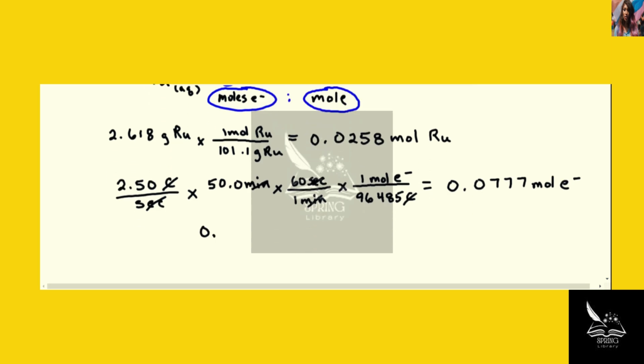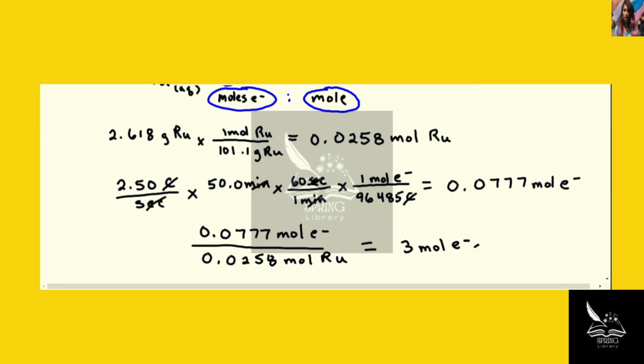If I take 0.0777 moles of electrons per mole of ruthenium, I will see that I have 3 moles of electrons for every 1 mole of ruthenium.